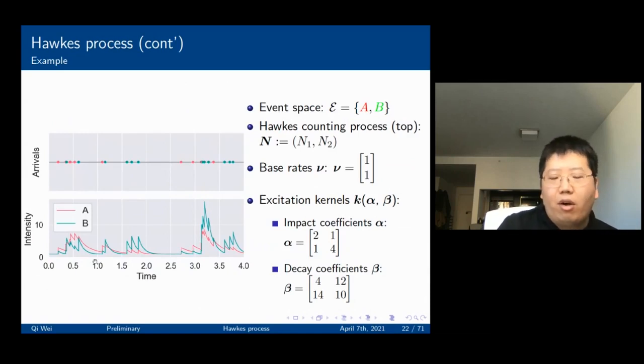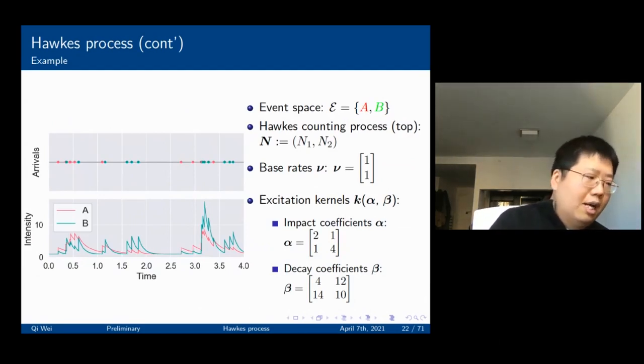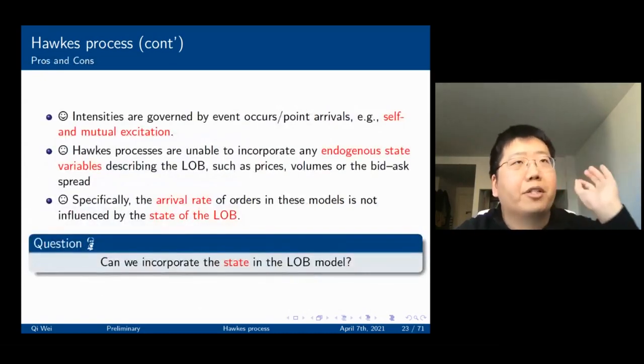Basically, it does not depend on the current market state or the spread of the market, like whether this stock is popular or not, the liquidity of the stock, or the order flow imbalance of the stock. This is not directly related to the order itself, but is more like the environmental state. Okay, so this part is missing.